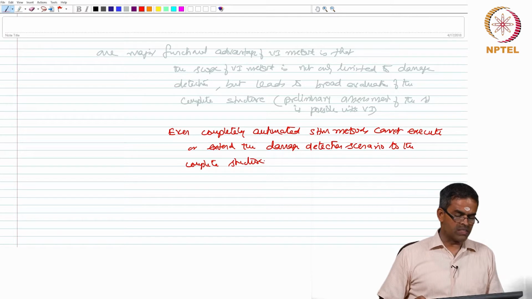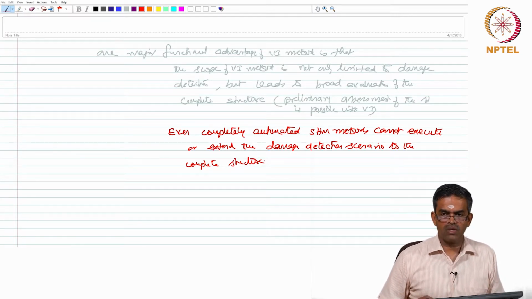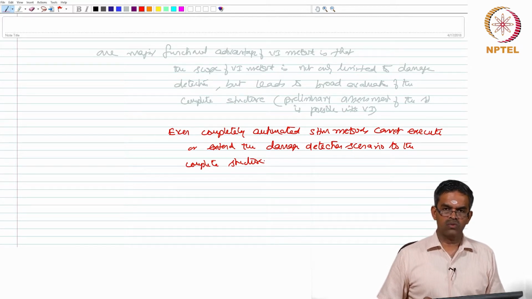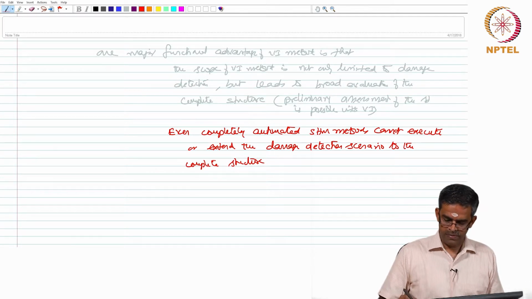So, as far as the functionality is concerned, there are some pros and cons of using visual inspection methods in comparison to the standard conventional structural health monitoring methods.